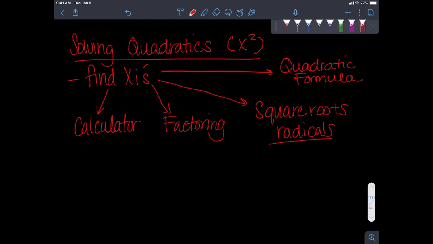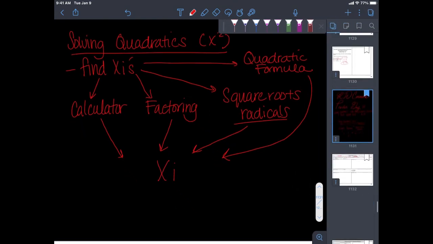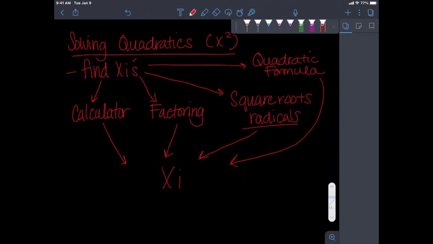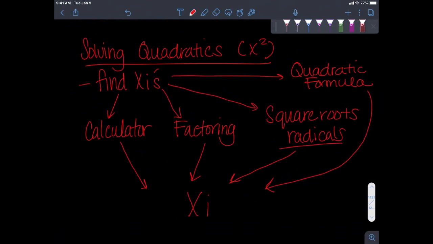Now, all of these different ways give us exactly the same answer. They all go right back to x-intercepts. So, essentially, anytime we're solving this, we are looking for an x-intercept.